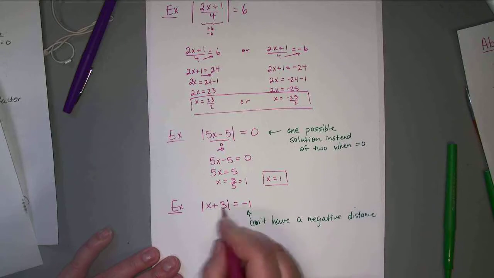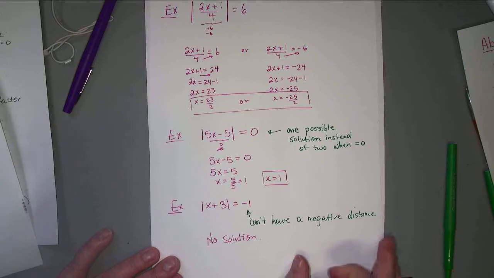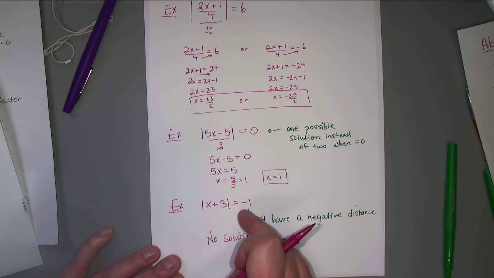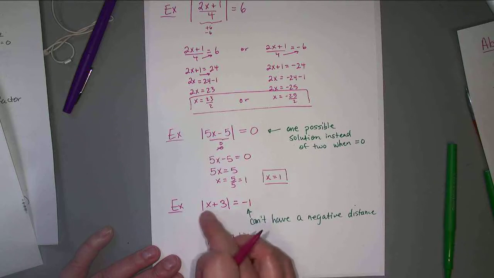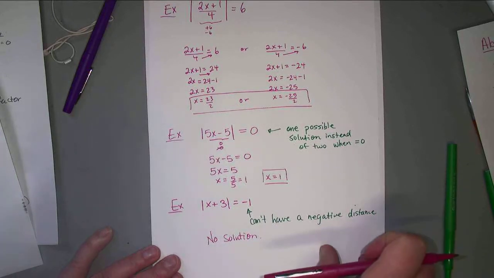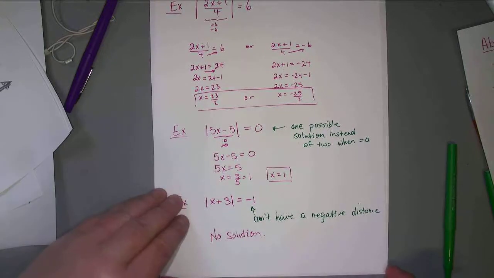So if you ever see that, we would just go right to saying no solution, and there would be nothing to solve. You would actually get an answer if you solved it equal to negative 1, but that wouldn't work because the absolute value of anything is equal to a positive. So that would give you no answer. Okay, so let's go to inequalities.